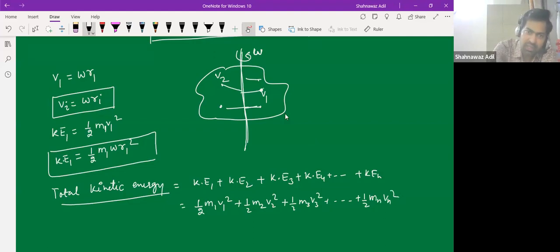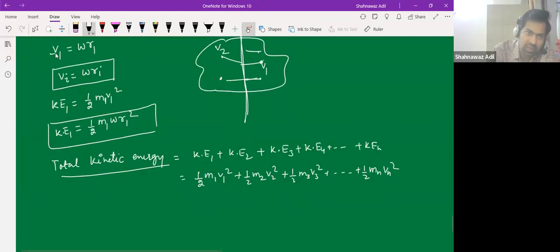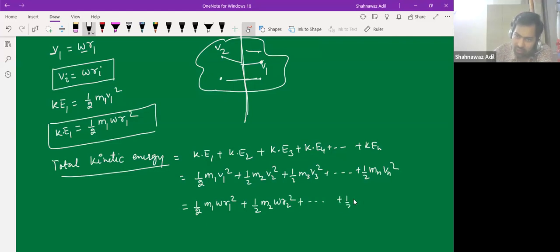And we know the relation between the linear velocity and the angular velocity. So this is half m1 omega r1 square, similarly half m2 omega r2 square, plus half mn omega rn square.